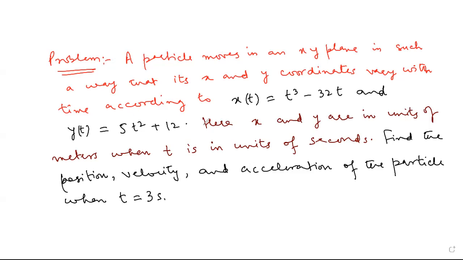Velocity is also a vector, and acceleration is also a vector. So this problem tells us to find that position vector, velocity vector, and acceleration vector of the particle at t is equal to 3 seconds. Right? So let us move to the solution.